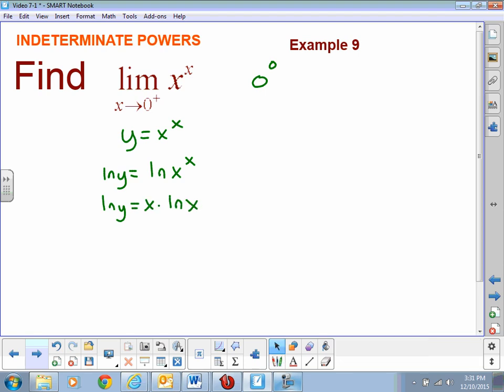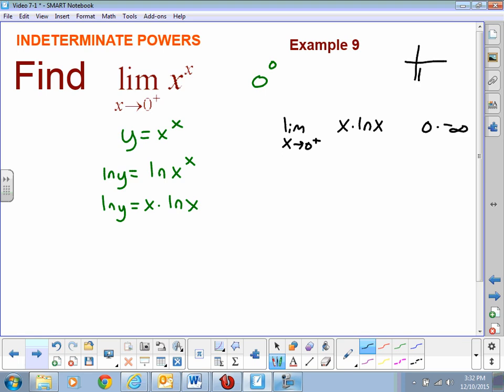So we are now going to take the limit as x approaches 0 from the right of x times natural log of x. Well, this is going to be a 0 times negative infinity, because natural log's graph looks something like that. So as you go to 0 from the right, natural log is going towards negative infinity.